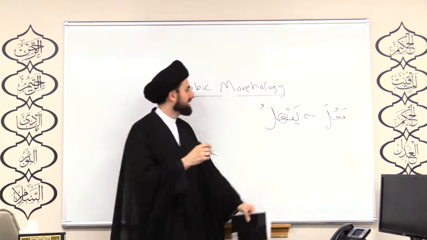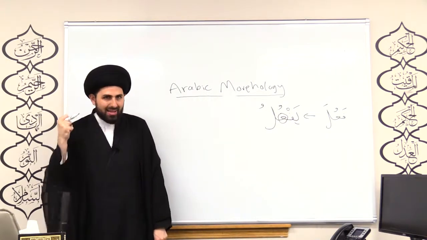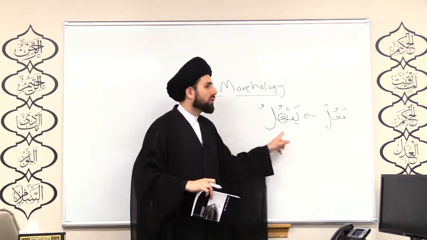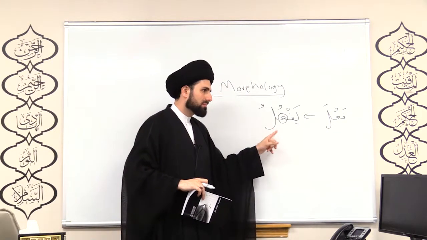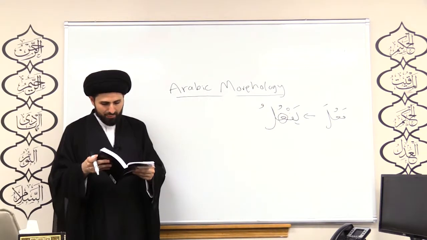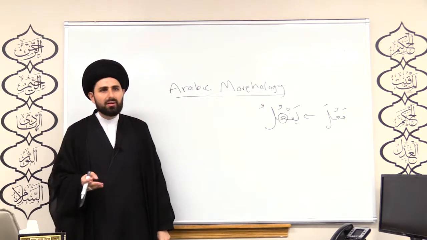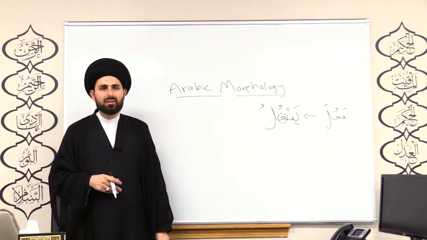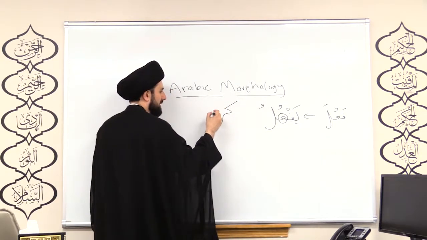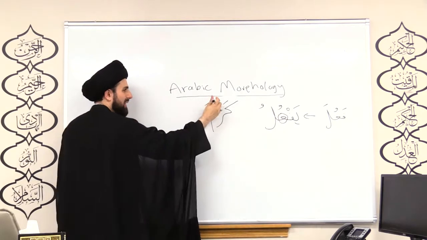Also a dhamma. Yaf'ulu. If your past tense is fa'ula, your present must be yaf'ulu. What is an example? Sharufa or karuma, yakrumu. See? Karuma or sharufa, karuma. It has a dhamma over here.